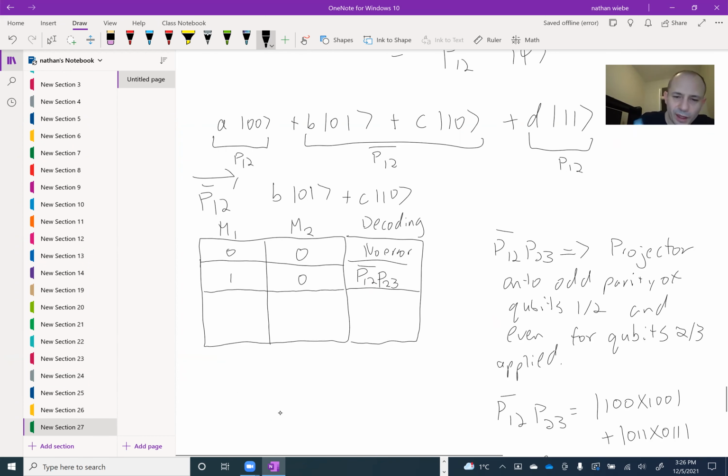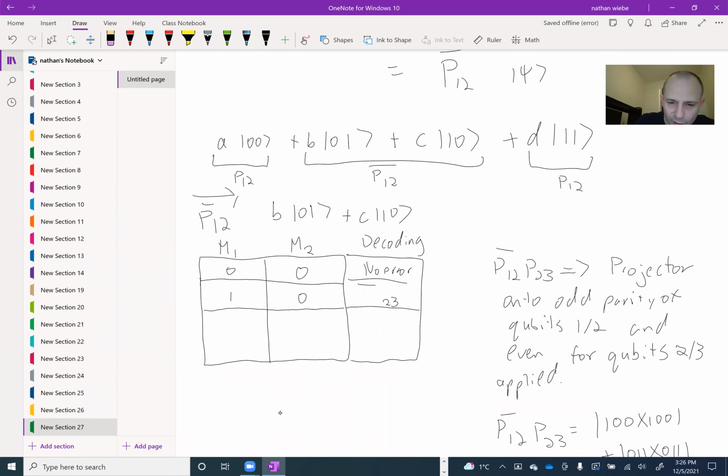Okay, so then the decoding that we end up getting from this is an error X tensor identity, which corresponds to P12 bar, P23. Now, if we end up getting, in the second case, a 0, 1, then what ends up happening here?